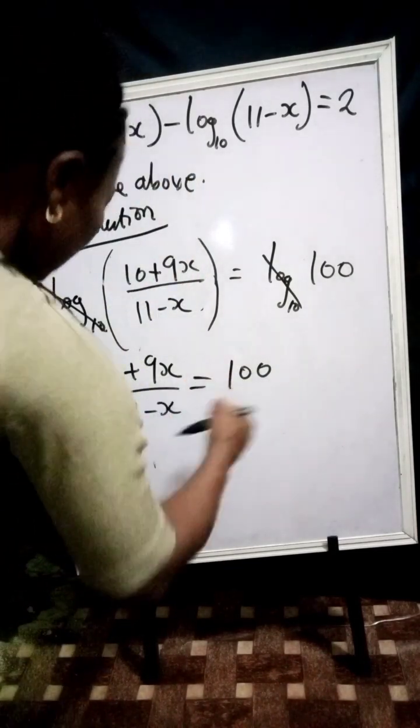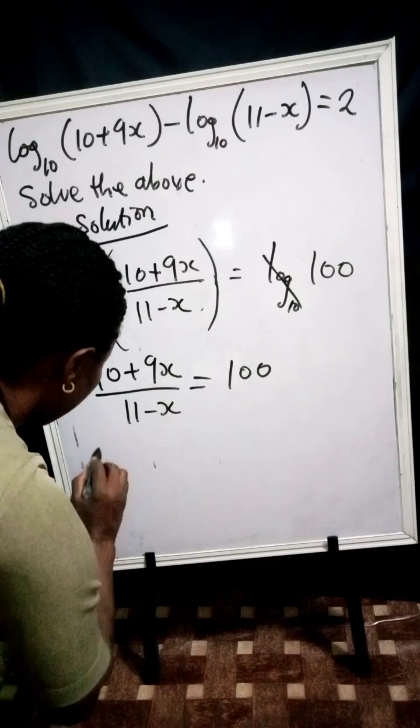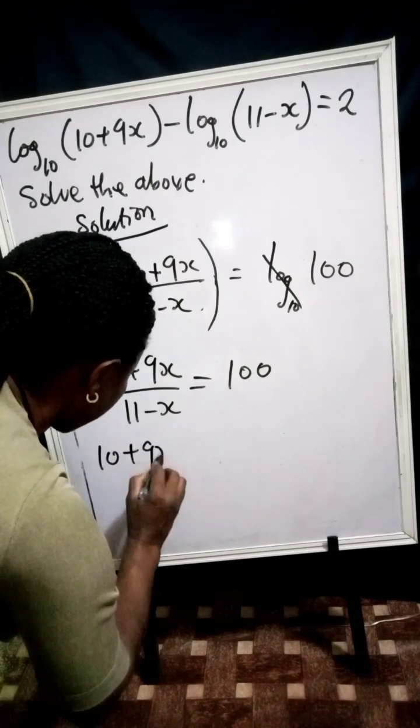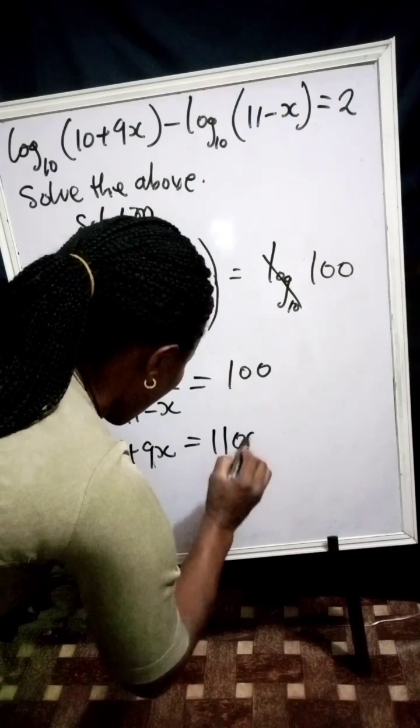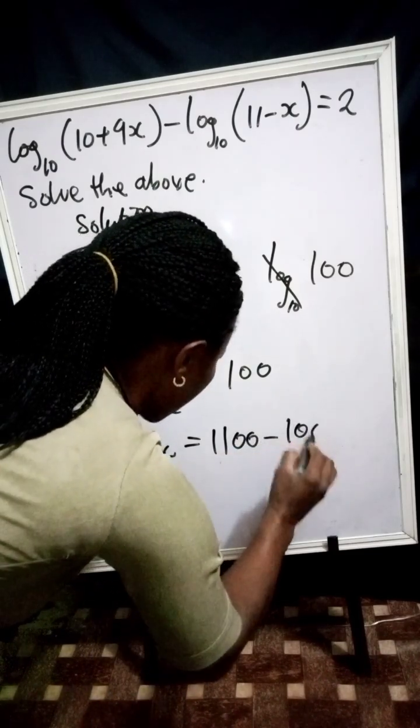Then when you cross multiply, we have that 10 plus 9x is equal to 1100 minus 100x.